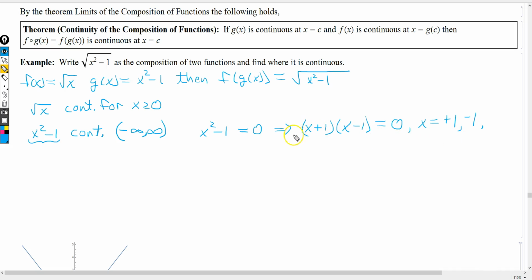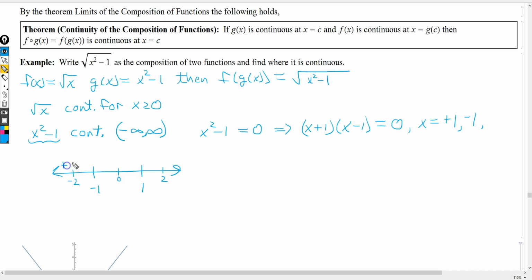Alright, now to determine where this is positive and negative, we can just use a little sign pattern and pick test values in between, like -2, 0, and 2. If we plug -2 in here, we're going to get back a positive number, right?